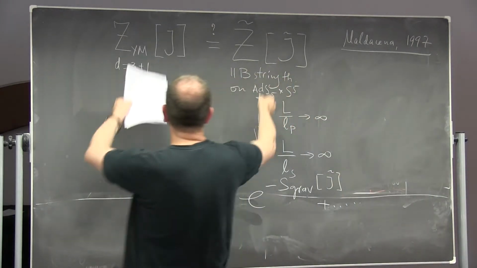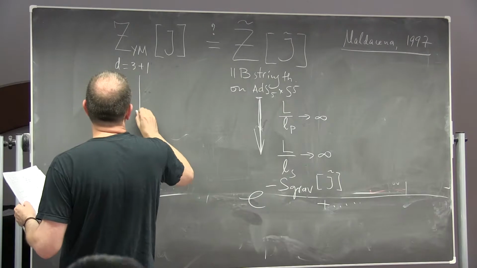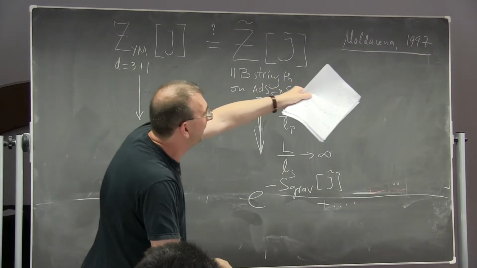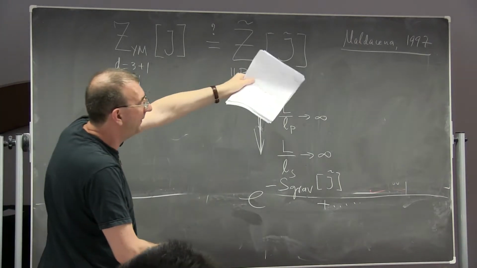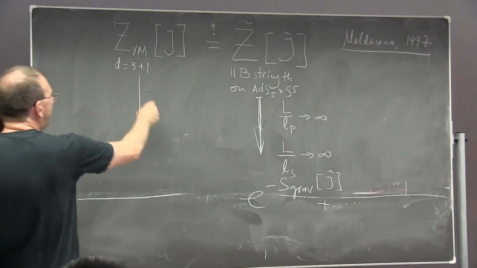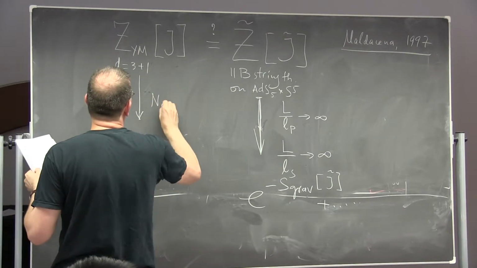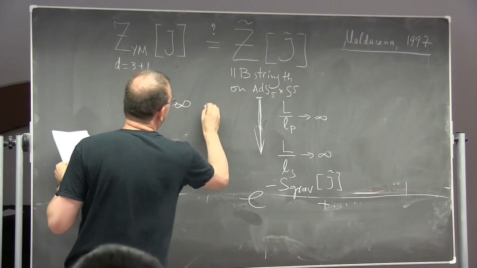But if this is a duality, then on this side you must have also the same limit, right? And remember this relationship between those parameters. On this side, L over L Planck going to infinity will correspond to taking the limit of N_c going to infinity.